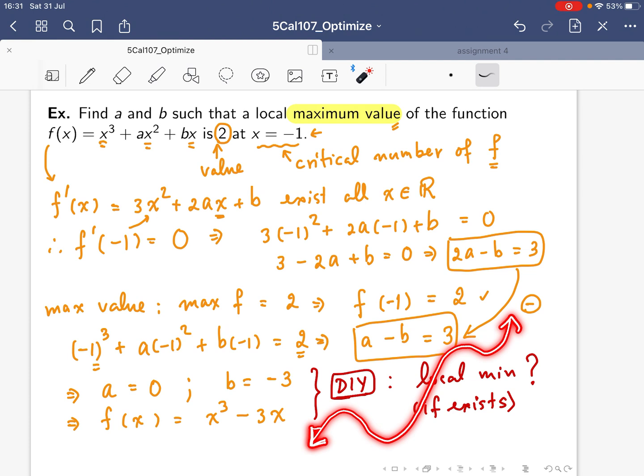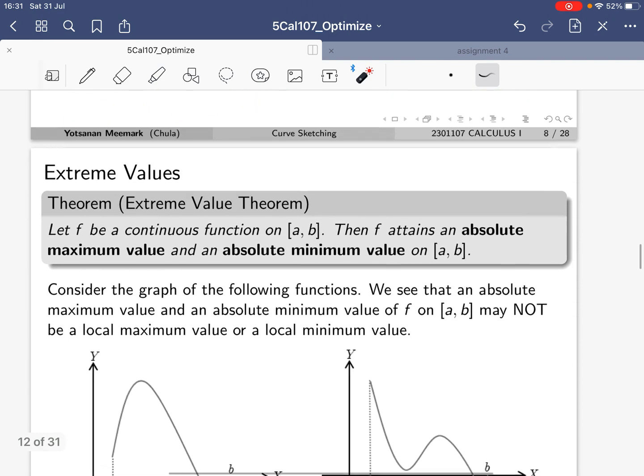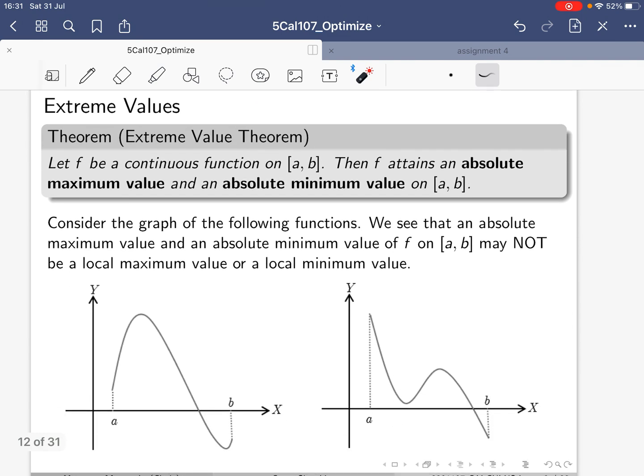However, if your function has a bounded domain, so instead of looking at the whole real line, we only look at a bounded interval, then how are we going to find the extreme value of that kind of function? So let's look at the extreme value.